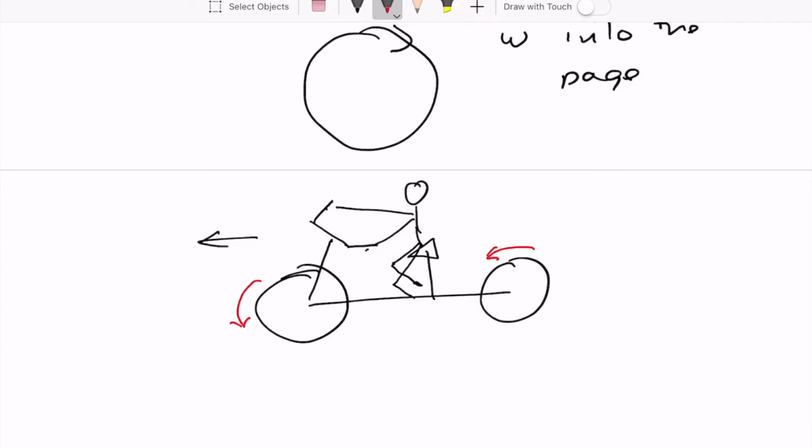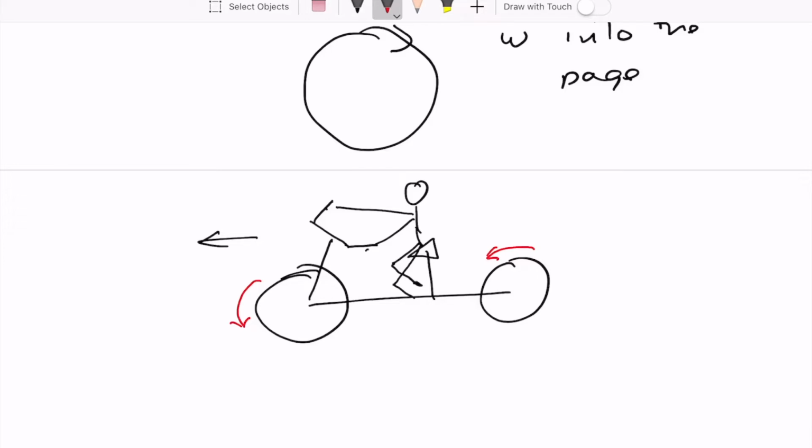The wheels are turning the way shown, right? What is the direction of omega of the wheels of the bicycle? The way you would do it is you would curl the fingers of your right hand in the same direction in which the wheels are turning. And so the wheels are turning counterclockwise in this example.